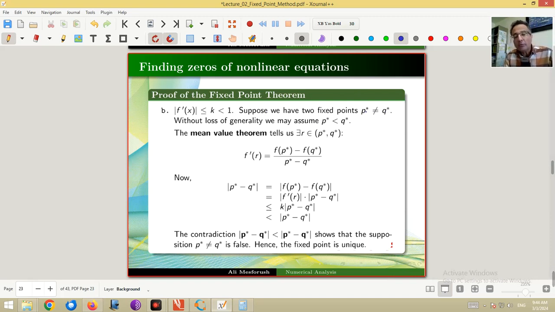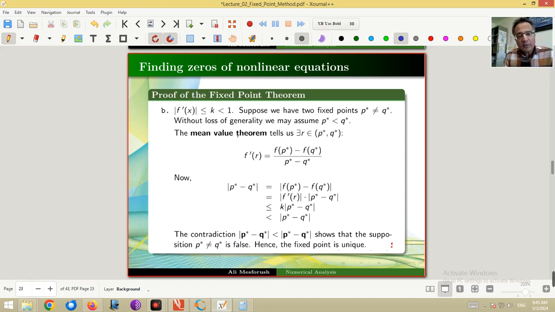Also, we suppose p star is not equal to q star. We can assume that p star is less than q star, or q star less than p star. There is no difference, and there is no effect on the proof of the theorem.